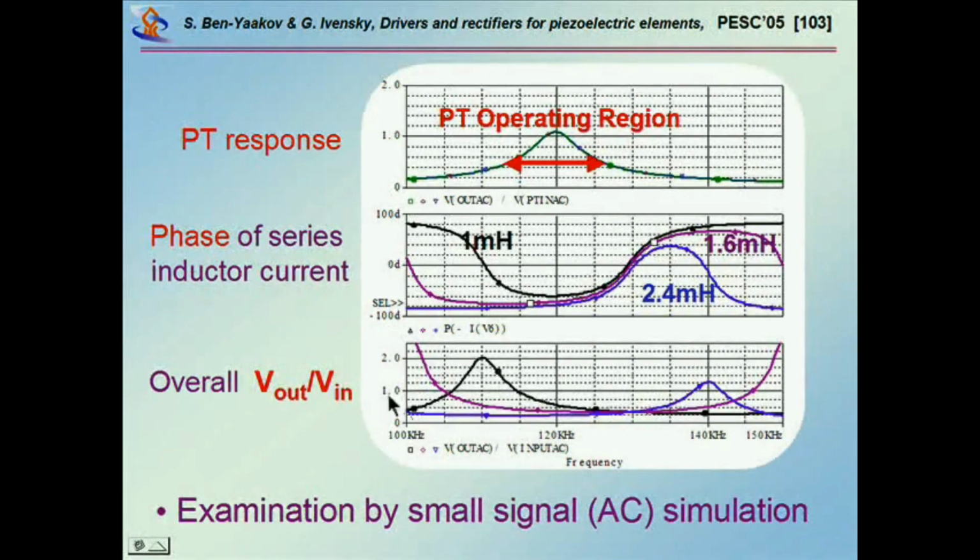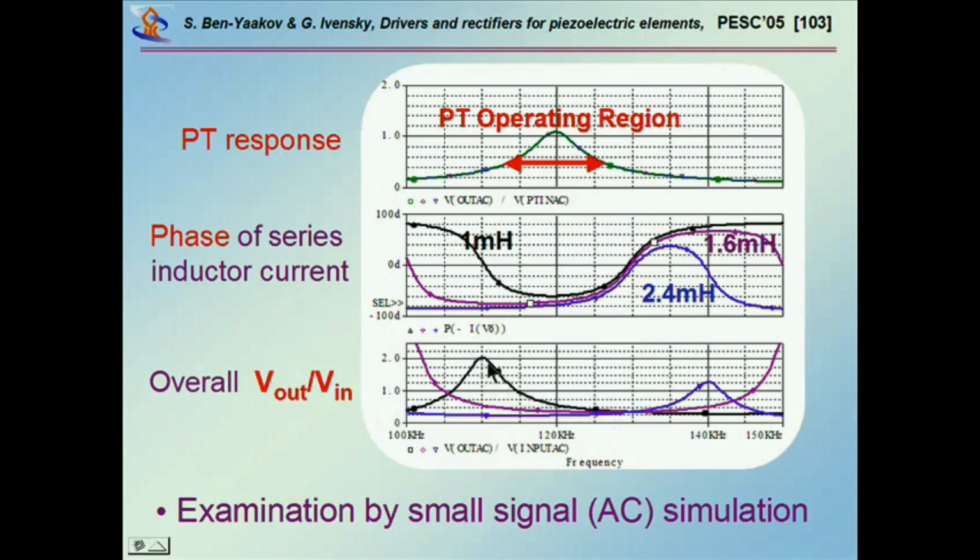Now, if you look at the overall input to output ratio, that is from your bridge to the load, going through the inductor and then the piezo transformer, you see that for different inductances, you have quite different responses. In some cases, you do have attenuation.